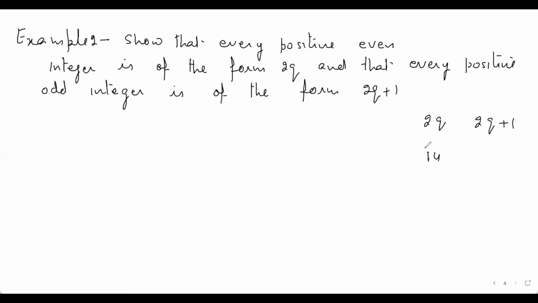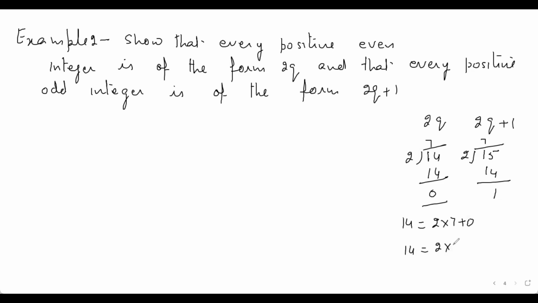Now let me give an example. Take a number 14, divide by 2. 2 sevens are 14. Remainder is 0. It means this is an even number. Another number 15. Divide by 2. 2 sevens are 14, and remainder is 1. So this is an odd number. So 14 can be written as 2 into 7 plus 0. It means 14 is equal to 2 into 7.